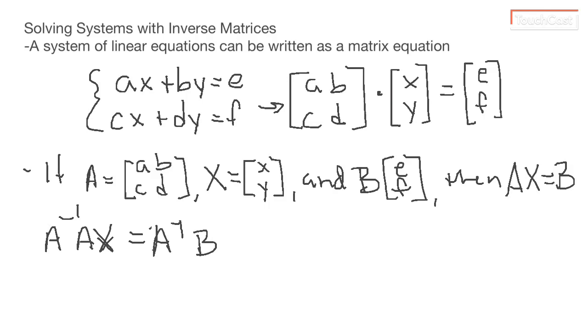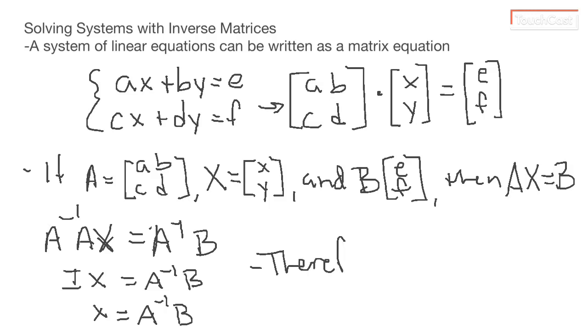Now, if we multiply A by its inverse, we're going to get an identity matrix times X equals the inverse of matrix A times B. And the identity matrix times X is just going to be X. So we can therefore say that X is equal to the inverse matrix of A times B.